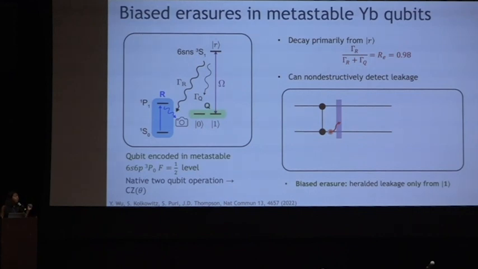And so when you detect this leaked atom, you know that you have effectively measured your qubit in the Z basis. And so what we can do after this erasure detection is reinitialize the qubit by replacing it with a fresh atom in the one state. So we have recovered the computational basis information, but we have lost all phase information associated with the initial qubit, thus creating at most a Z error on this qubit.